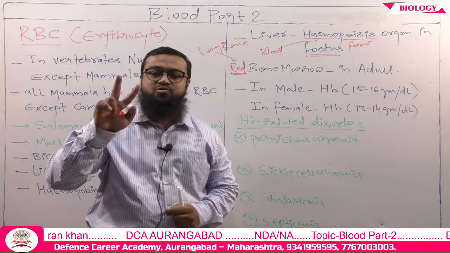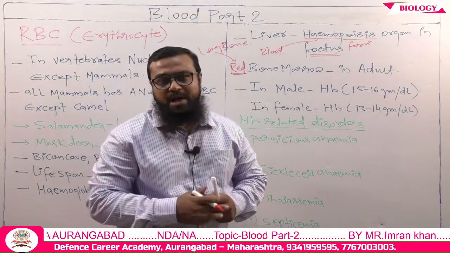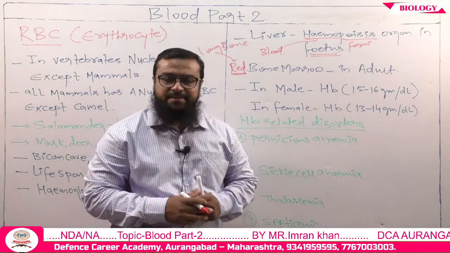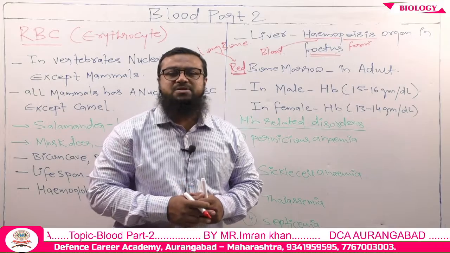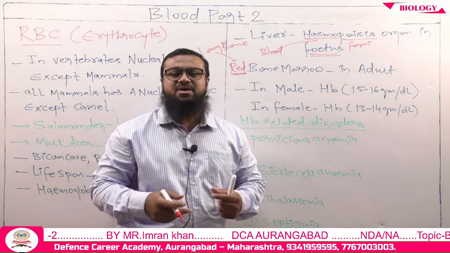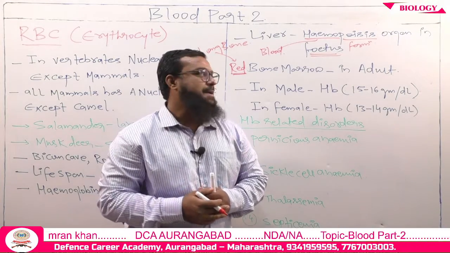There are two types of bone marrow, red bone marrow and yellow bone marrow. Red bone marrow carries out hemopoiesis, and the yellow bone marrow consists of adipocytes, fat cells, which provide cushion and act as an energy reservoir for the body.